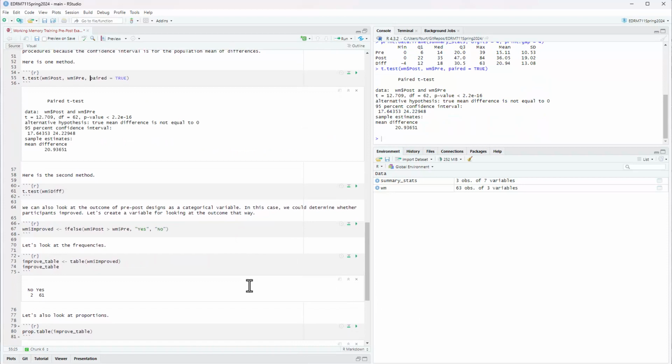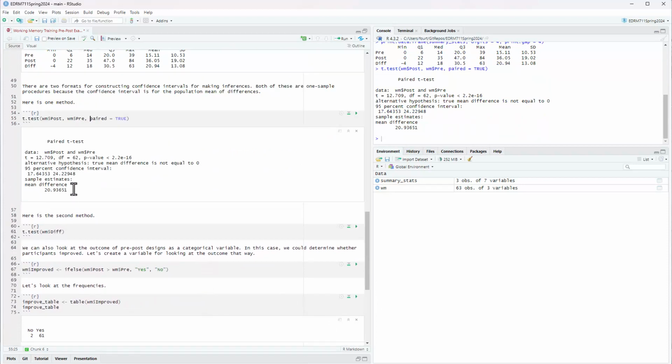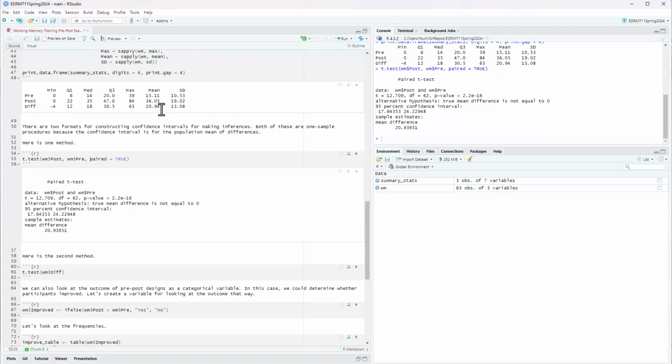And when we run this, we get here the mean difference of 20.94 that we found right back up here in our summary table. But here we get a confidence interval for that difference. So again, this is a one sample procedure because this is actually a confidence interval not for pre, not for post, but for the difference scores created when we take post minus pre. And this little command here does that automatically.